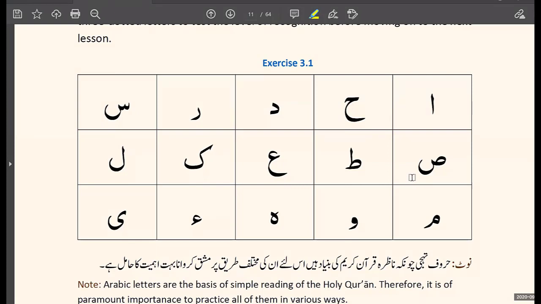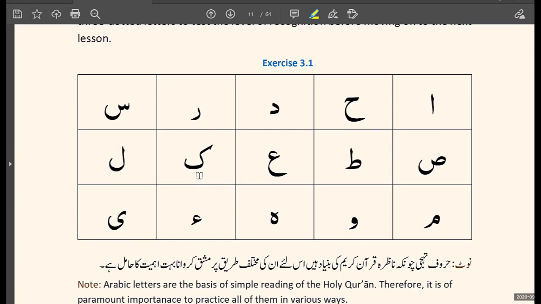Sad, ta, ain, kaf. No, don't make it so soft and inclining towards the earth. Kaf, not inclining.